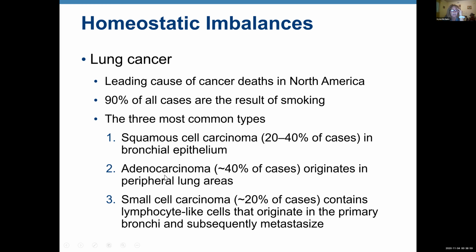Squamous cell carcinoma is called that because the bronchial epithelium is simple squamous. And small cell carcinoma, about 20%, is where lymphocyte-like cells become cancerous. It originates in the primary bronchi and subsequently metastasizes.